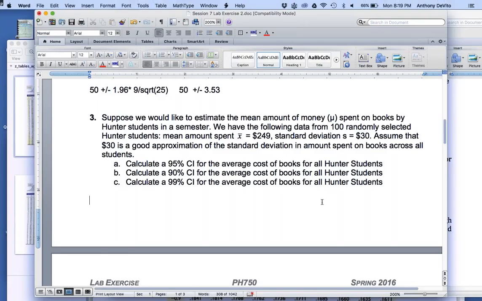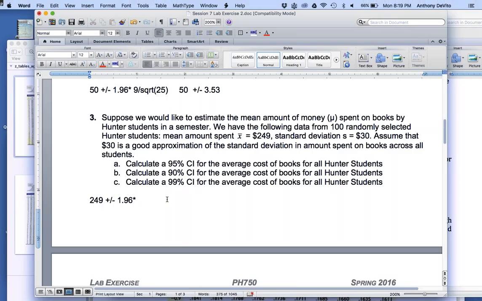So the 95% confidence interval for the average cost of all books for students is going to be equal to 249 plus or minus 1.96 times our standard error. What's our standard error? Well, our standard deviation was 30, and our sample size was 100, so it's 30 over the square root of 100, which is 10.